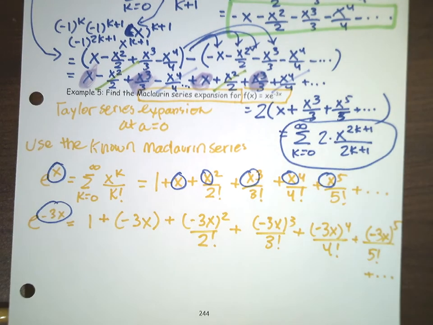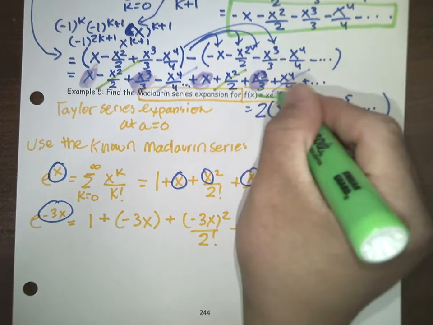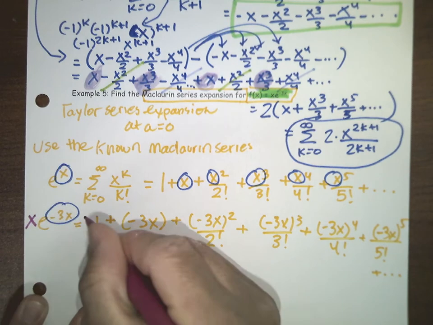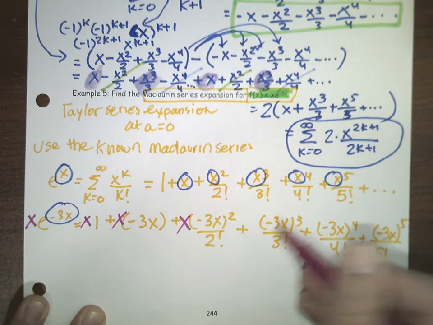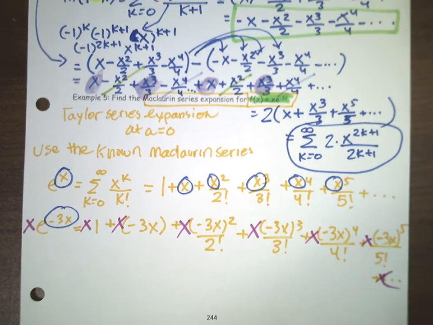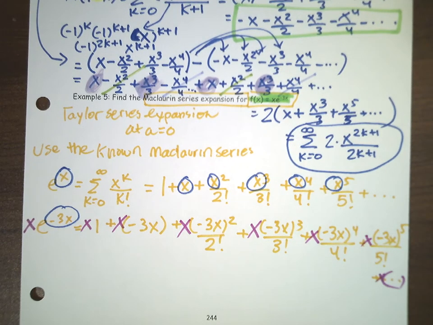But if I want x e to the negative 3x, I need to multiply this series by x, and all of the terms after that by x as well.